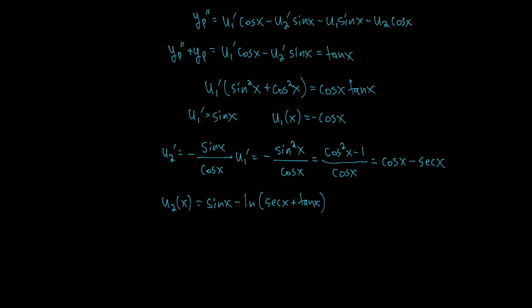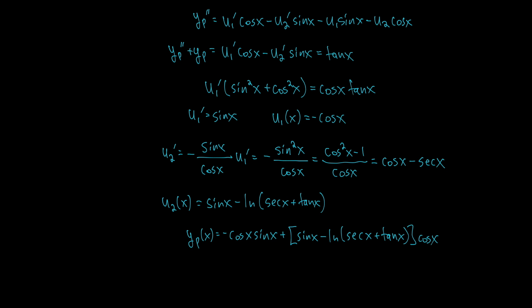So now I need to fill in for my particular solution. So we get minus cosine x sine x plus sine x minus the natural log of secant plus tangent, because I can fill in now that I know what u1 and u2 are, times cosine.